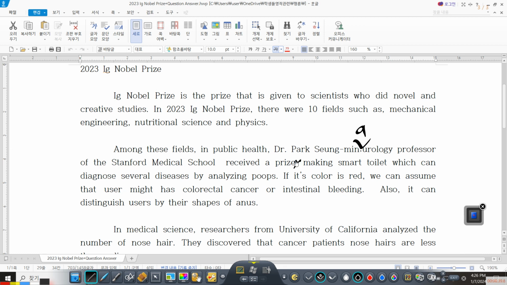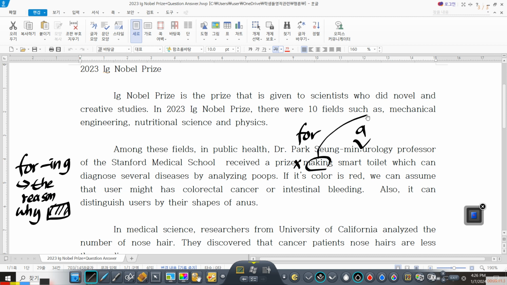No, you should put for, because when you put for this way, this indicates the reason why the previous sentence happened. For that reason, I want you to put for here, and for making perfectly. Or making or developing, how about that? Or inventing, innovating, whatever. Inventing.